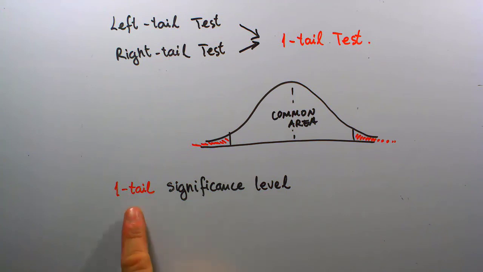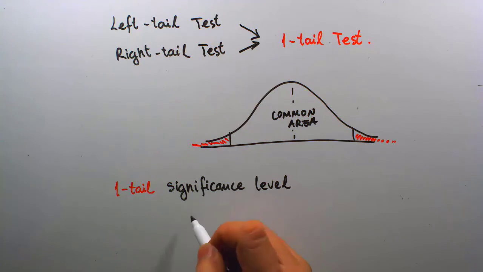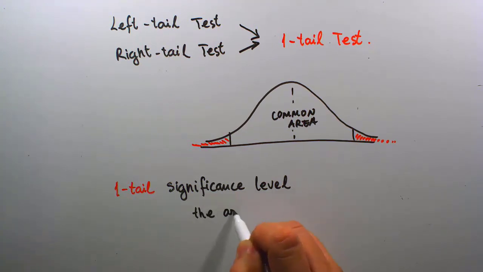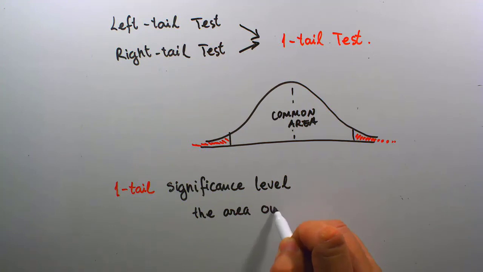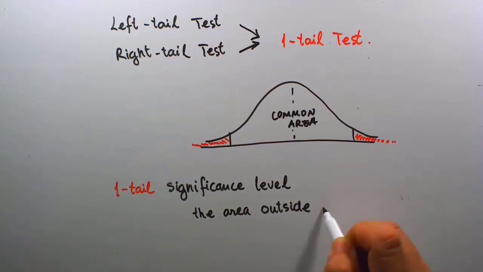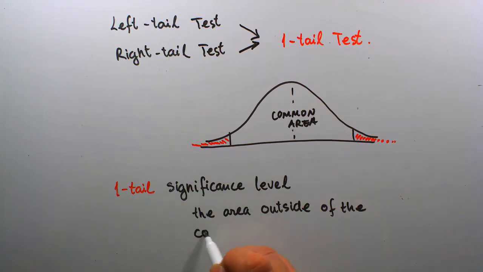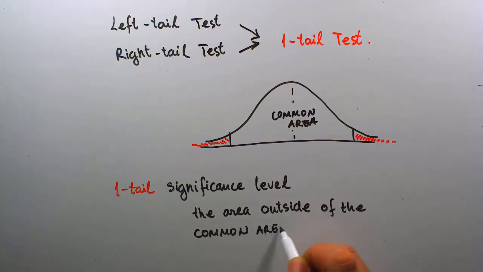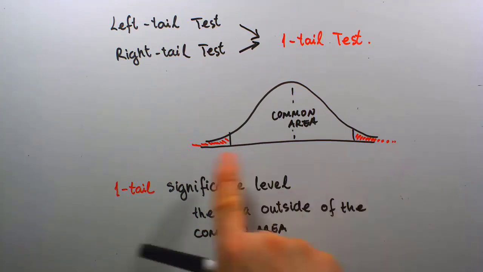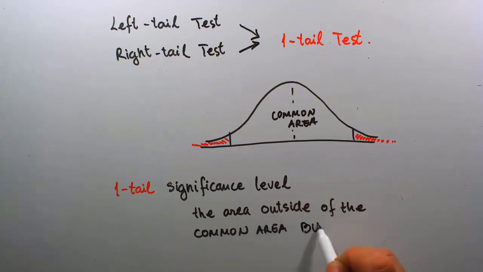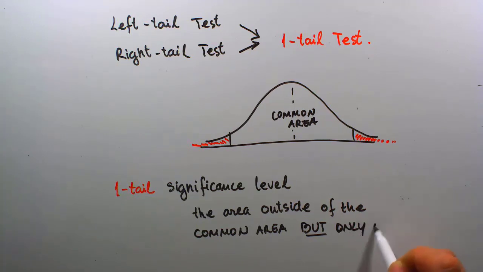And so being a one tail significance level, it is the area outside of the common area, but only on one side.